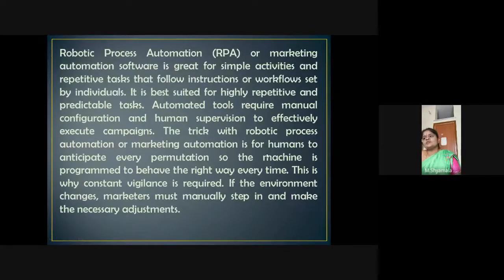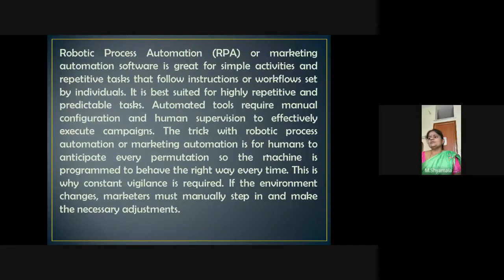A robotic process automation or marketing automation software is great for simple activities and repetitive tasks that follow instructions or workflows set by individuals. It is best suited for highly repetitive and predictable tasks.